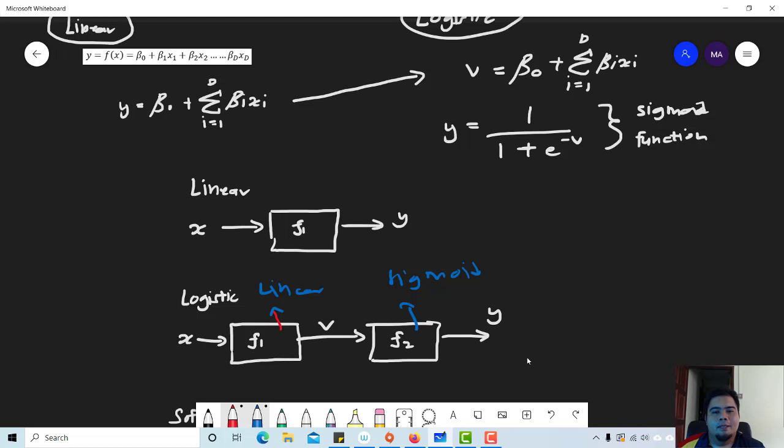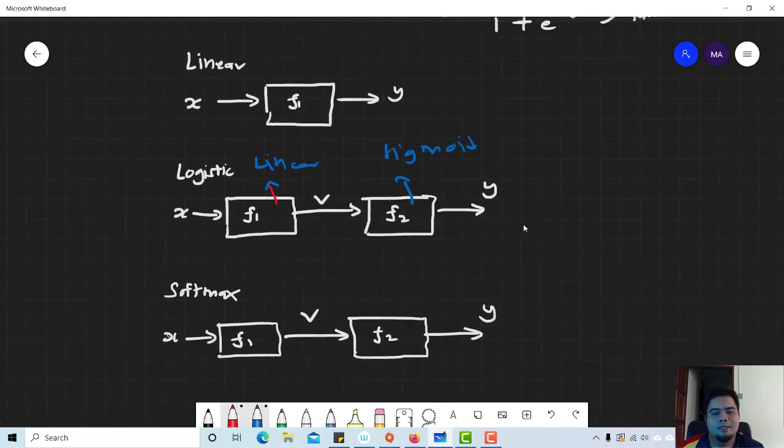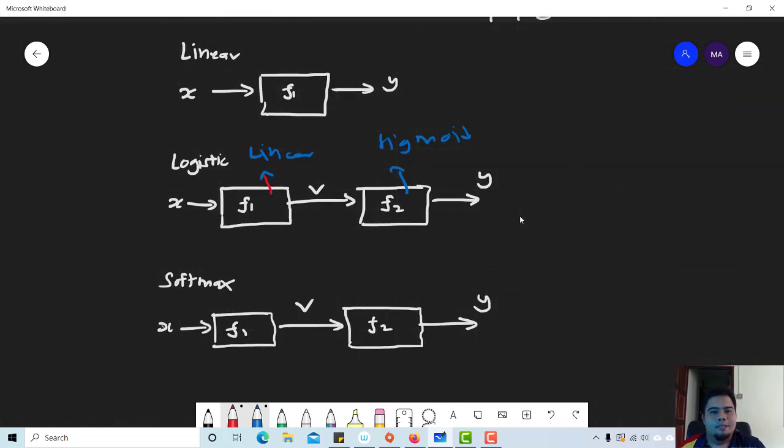So another way you can change this logistic regression is by changing it into this model, which we call softmax regression. Some also call this multi-class logistic regression.